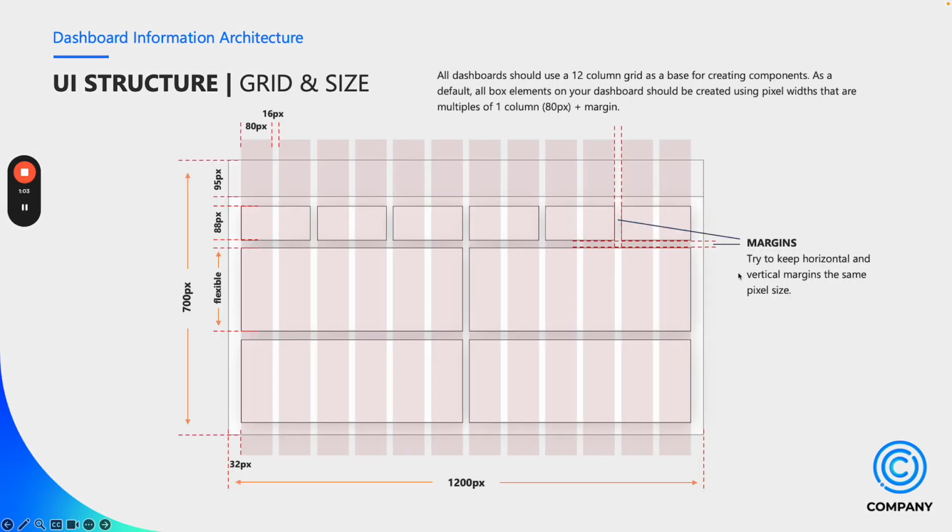You may also like to provide a baseline grid and pixel measurements of ideal spacing between elements on the page. This will help your developer understand proximity of elements on your dashboards, as well as size of the page and that sort of thing. So feel free to get quite specific here and include information on how many container boxes you can fit on the page.